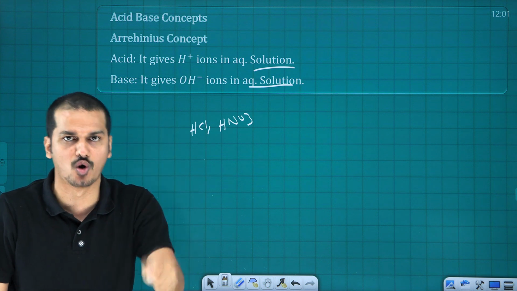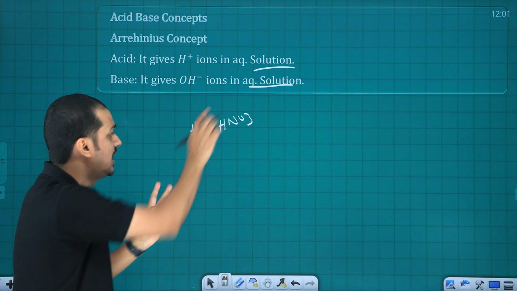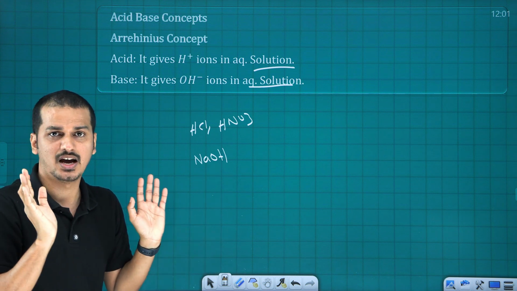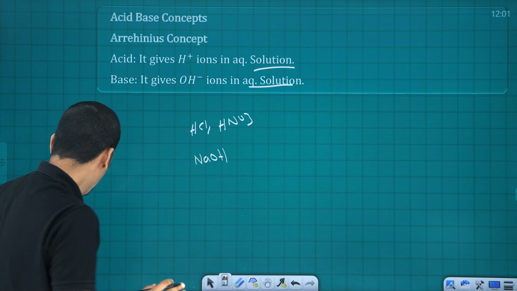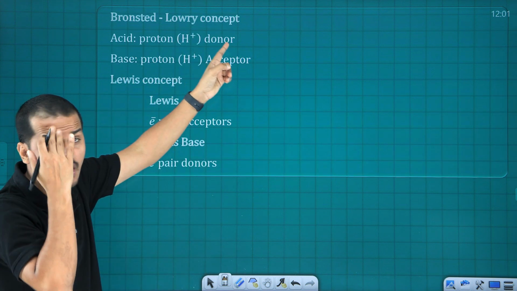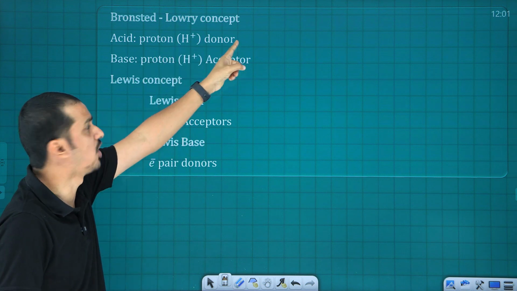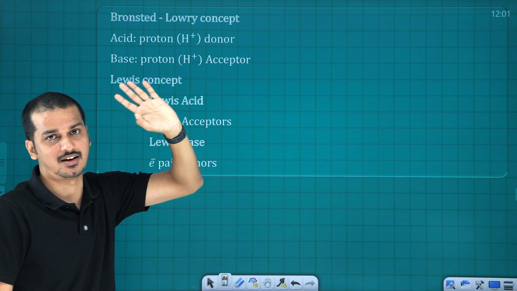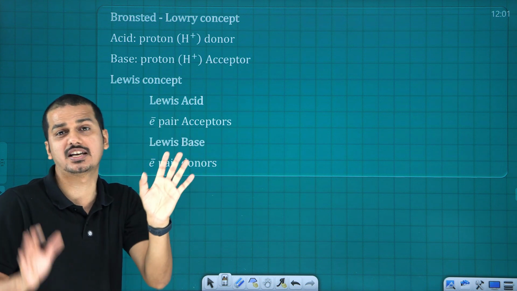Here water is the solvent. Examples of OH minus giving bases are NaOH, Ca(OH)2, etc. Next, in the Bronsted-Lowry concept, an acid is a proton donor, H plus donor, and a base is a proton acceptor. Here they are not mentioning the solvent.